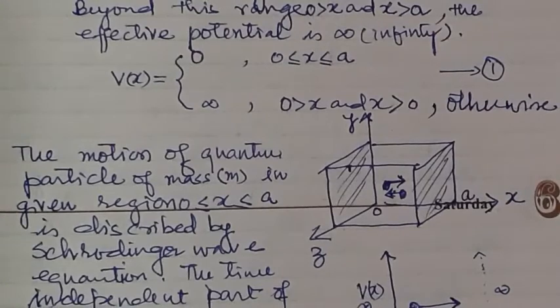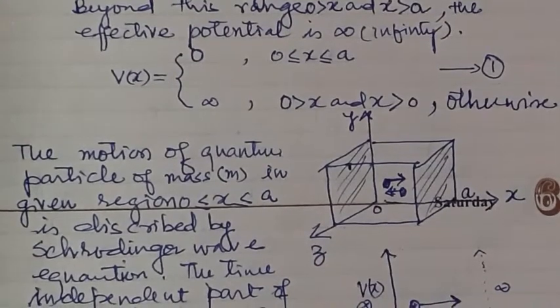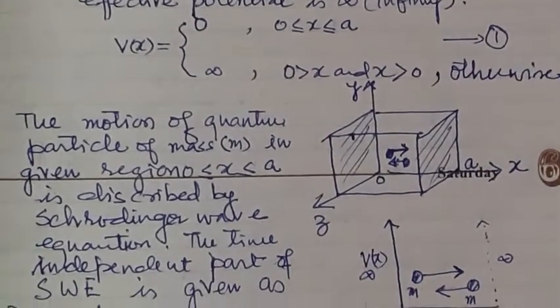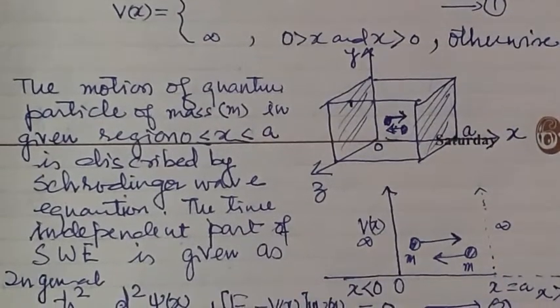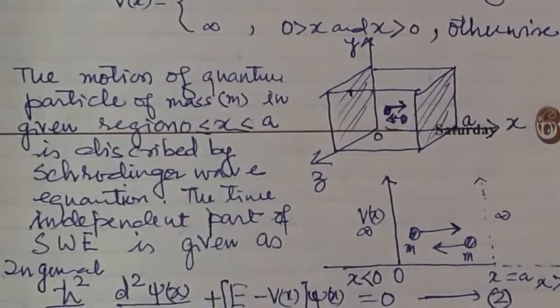Let us consider certain points here. The motion of the quantum particle of mass m in a given region 0 to a is described by the Schrodinger wave equation.